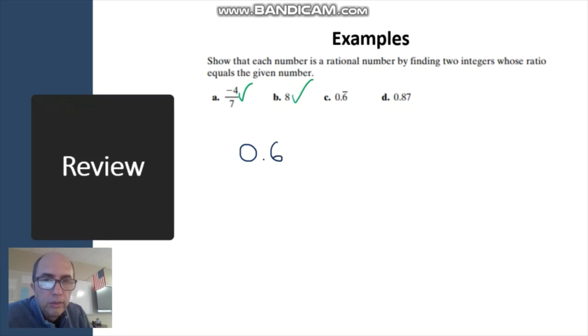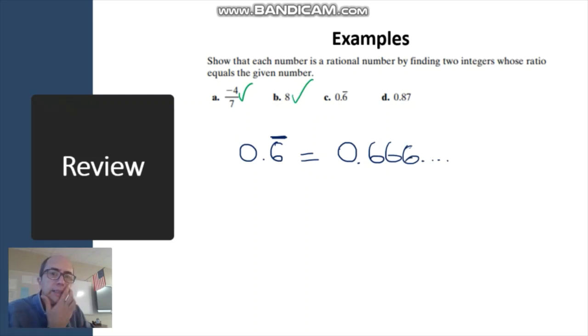0.6, but notice there's a line on top of the 6. That means this number repeats itself all the way to infinity. It is 0.6666666 and on.